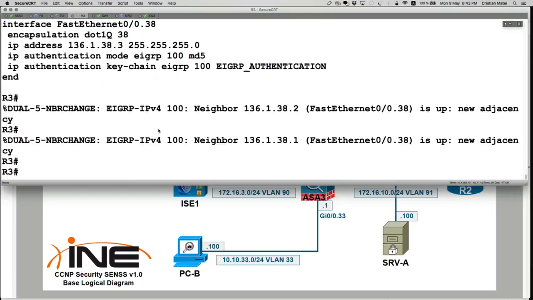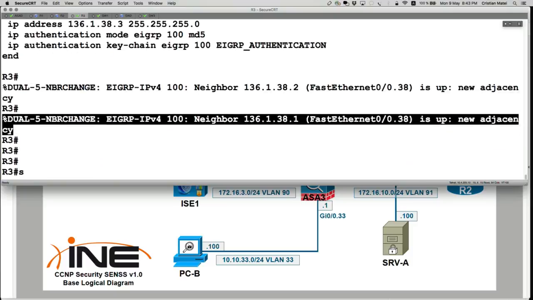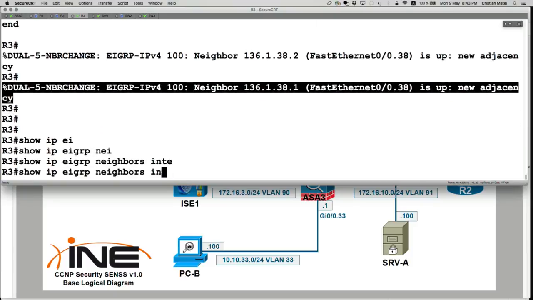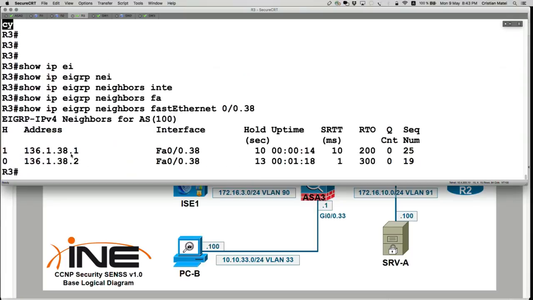So now at this point, ASA3 should also become a neighbor of Router 2, and there we go. So show ip eigrp neighbors on Fa0/0.38. I'm back again a neighbor with both ASA2 and ASA3.